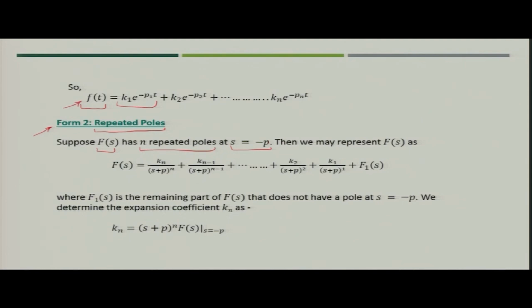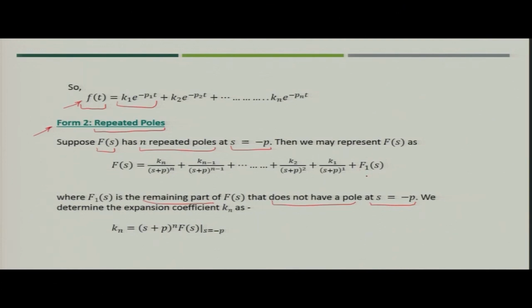Then you can write F(s) as K_n upon (s plus p) to the power n plus K_(n minus 1) upon (s plus p) to the power n minus 1, and so on, and the last, F1(s), is the remaining part of F(s) which does not have a pole at s equal to minus p.